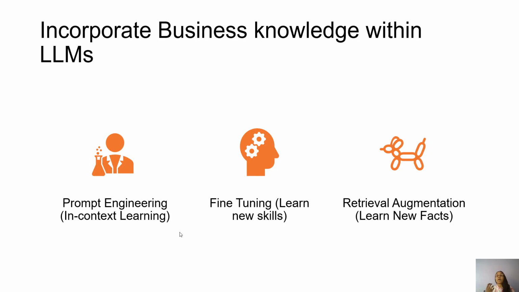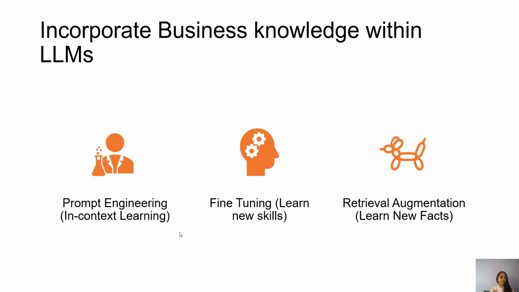Learning new facts is where you provide the facts to the large language model, and then it retrieves the facts at the right time given the right context. That is not that expensive compared to the fine tuning part of incorporating the business knowledge or domain knowledge to the LLMs.